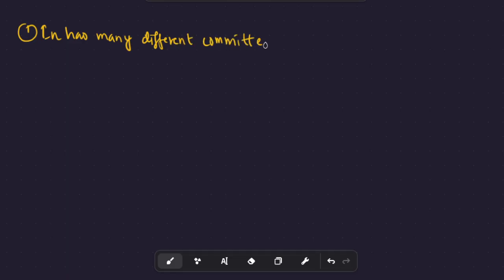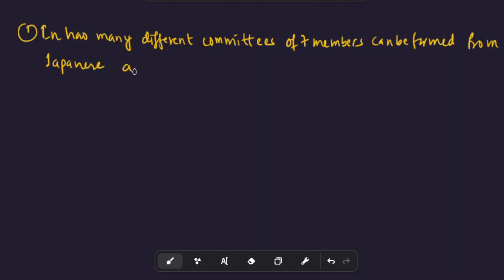Okay, first question for today is: in how many different committees of 7 members can be formed from 8 Japanese and 4 Koreans?